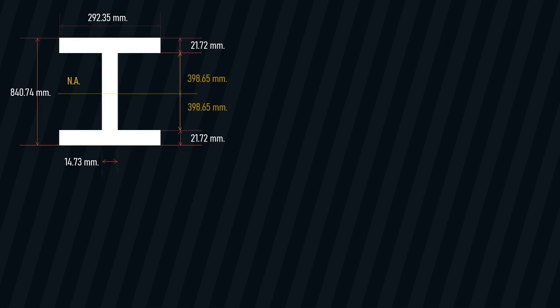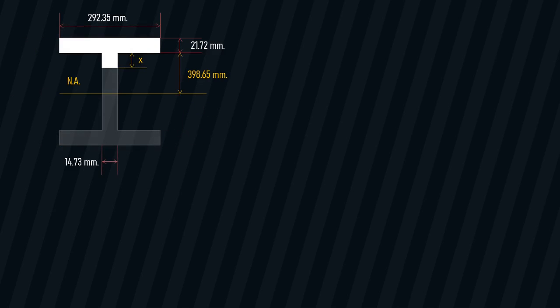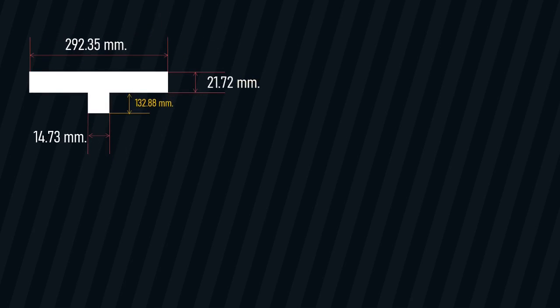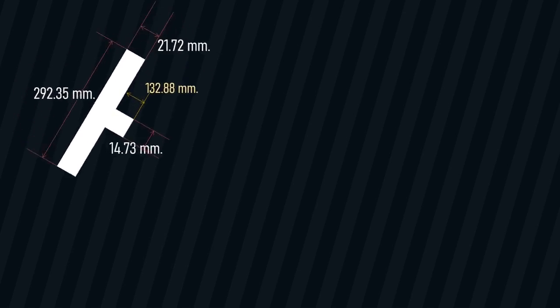And the distance from the neutral axis to one face of the flange is 398.65 mm. And we'll just be using this section right here. And this distance, the value of x, is only 1/3 of this distance, and therefore the value of x is 132.88 mm. So using this portion of the section, we will solve for the value of RT.